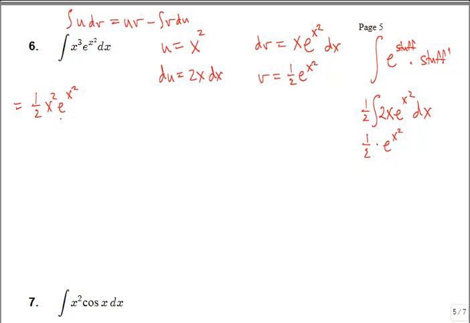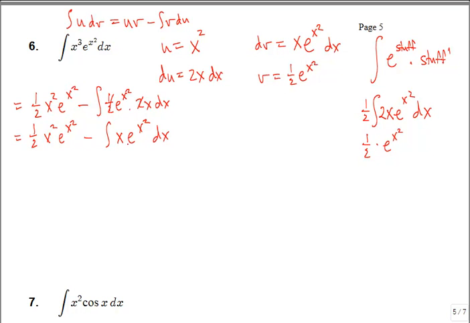So there's my u times v minus the integral of v, which is that 1/2 e to the x squared, times du, which is this 2x dx. So cleaning that up a little bit, the 1/2 and the 2 cancel out, so we have x e to the x squared dx. You're in good shape if this is something that you know how to integrate, and this is exactly what we had originally with our dv.